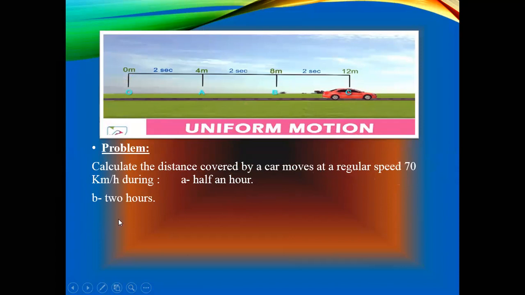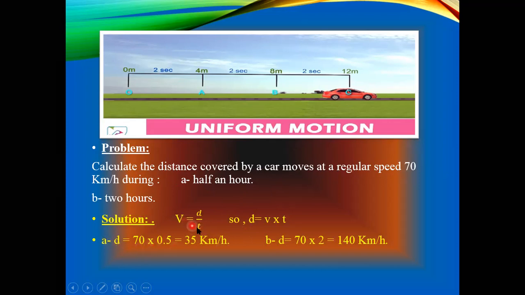Regular speed is 70 km per hour, time is half. Can I find the distance? From the triangle, distance equals speed times time, 70 times half equals 35. If he wants it again in 2 hours, 70 times 2 equals 140 kilometers.